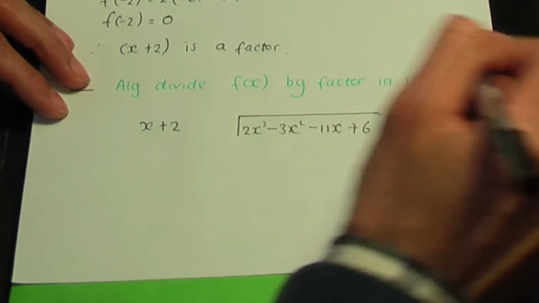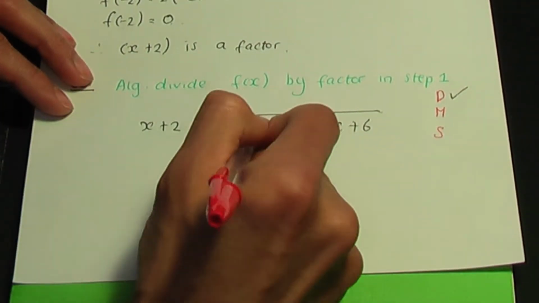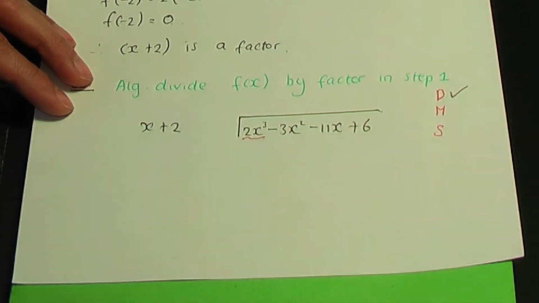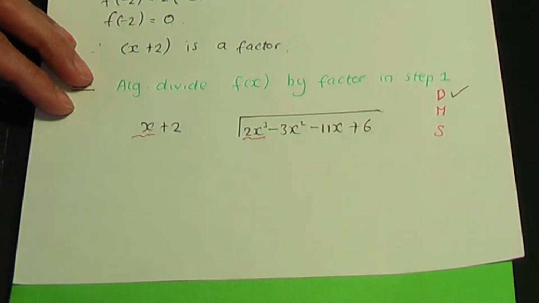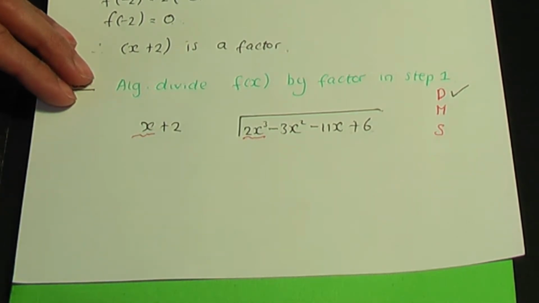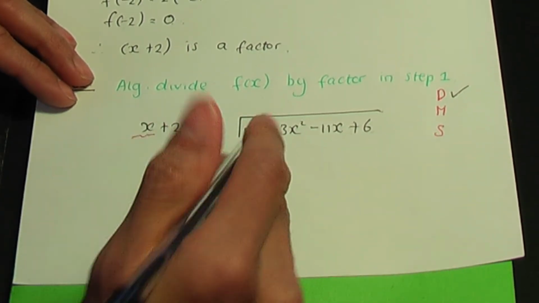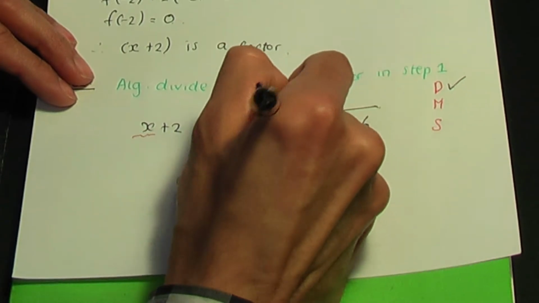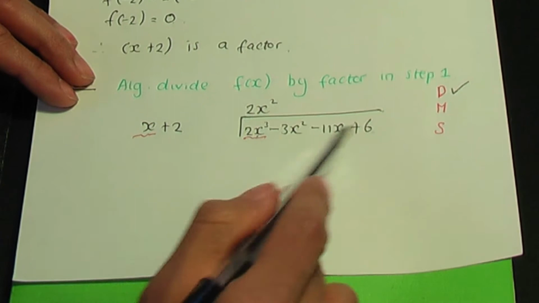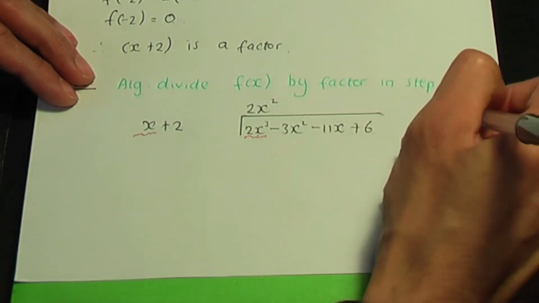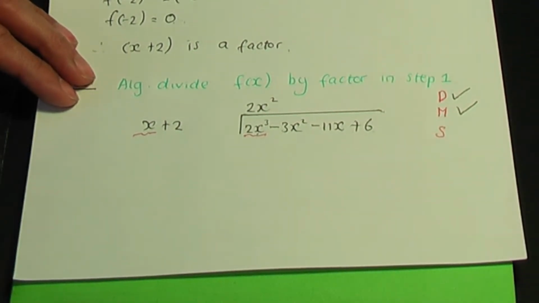Let's divide first. We need to divide the highest power term in your dividend by the highest power term in your divisor. So 2x cubed divided by x is 2x squared. Whenever you divide, write the outcome on the top of your bus stop. Then M is multiply.